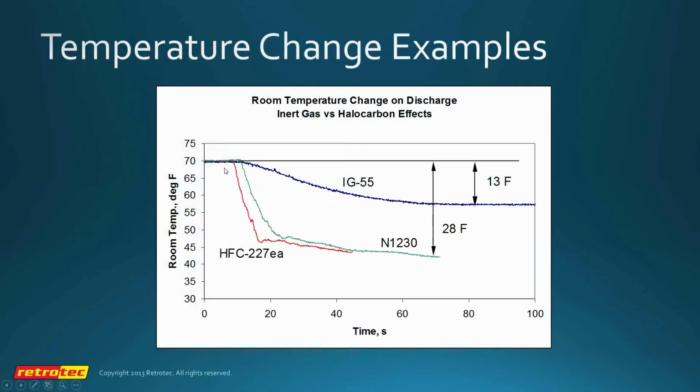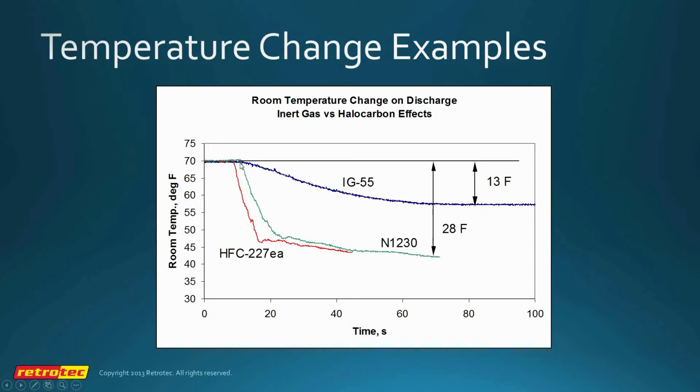So here we see the reason for the big, actually not so much the reason, but the effect of the negative spike. Here we have FM200 and Novec with a very, very rapid drop in temperature over about a 5 or 6 second period that's due to cooling, and then it drops off.